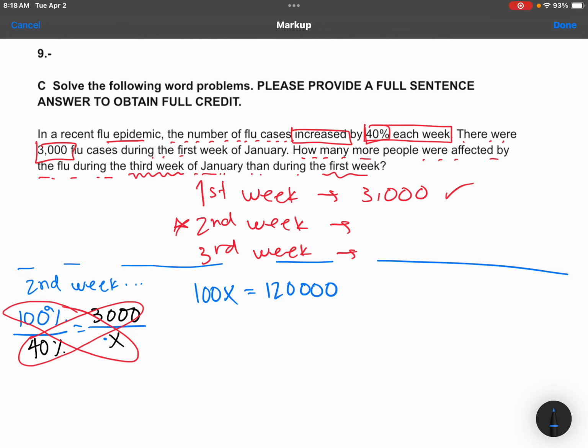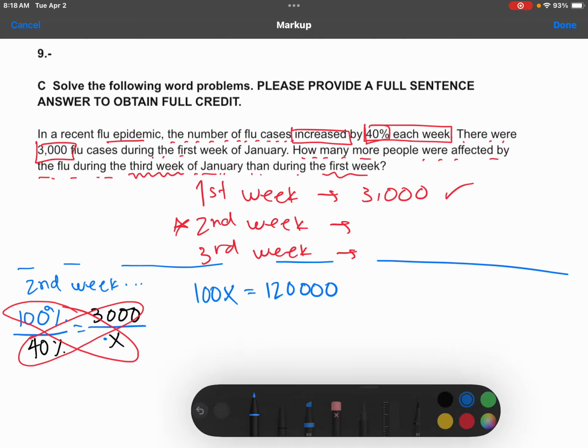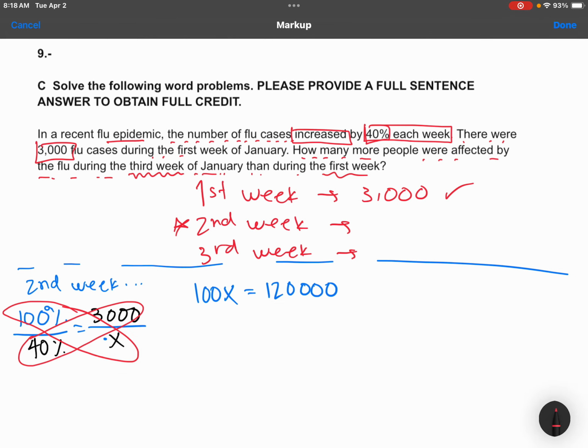How do I know what x is equal to? Simply by dividing by 100. That way the multiplying 100 gets canceled by dividing by 100. So we have x by itself now, and on the right we're dividing 120,000 by 100. What do I get? 1,200.